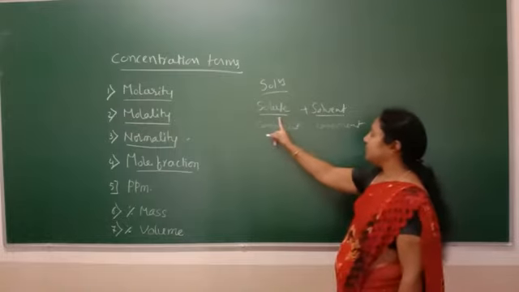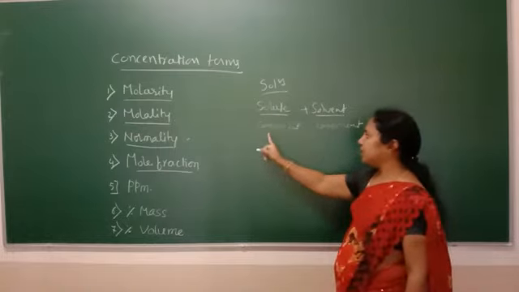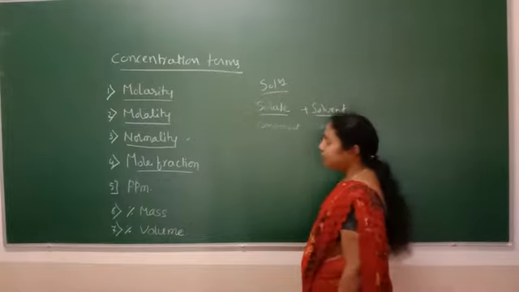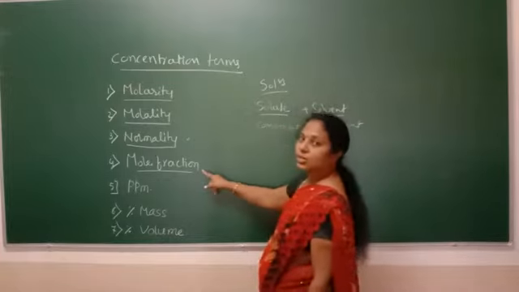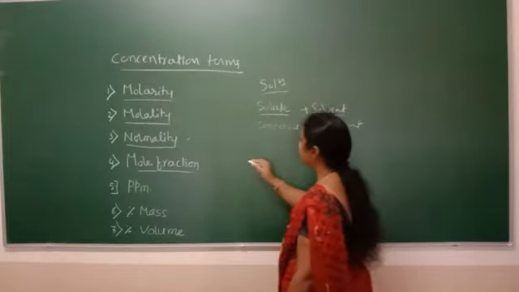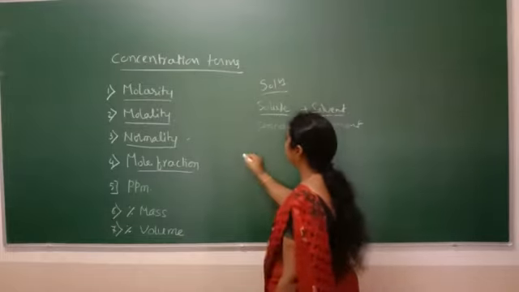So separately we are taking solute as one component and solvent as the other component. If we want to calculate the mole fraction of any component present in the solution, we are going to use one equation, mole fraction.